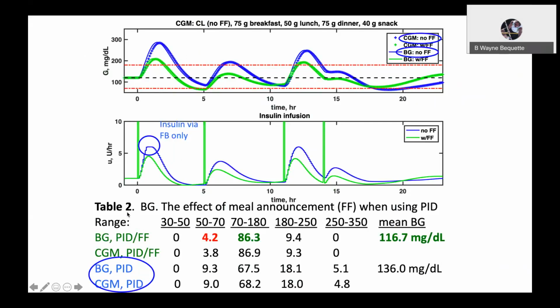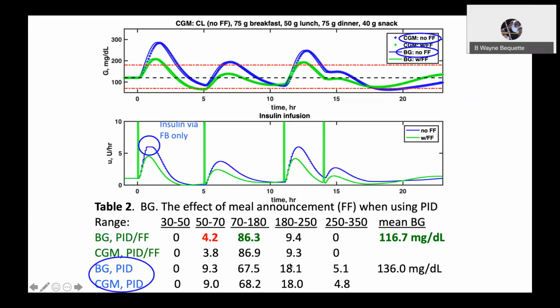And that's also reflected in this table where now we see that we also have a substantial amount of time spent at low blood glucose levels, 9.3% of the time, only 67.5% of the time in the 70 to 180, and then a substantial amount of time in the 180 to 250, as well as 250 to 350 milligrams per deciliter.